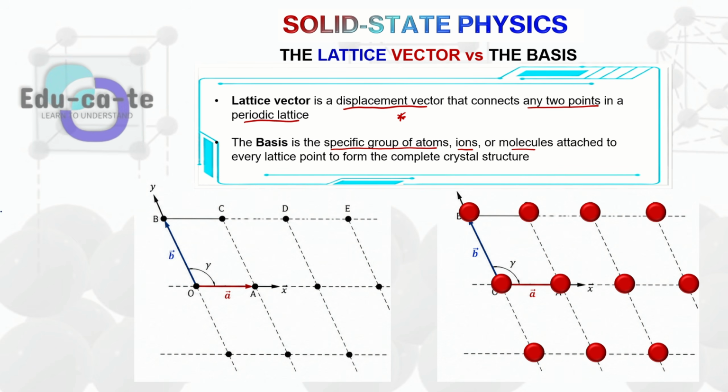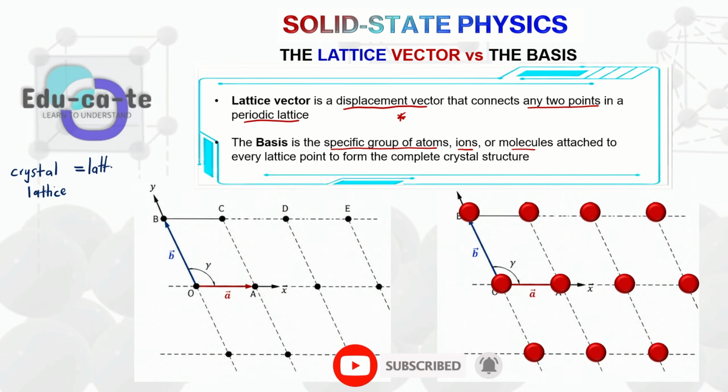So for us to form a crystal lattice, we need a lattice. A lattice is just points in space that have a specific repeating pattern. This is a lattice, it's just points. It's a two-dimensional lattice for this one.